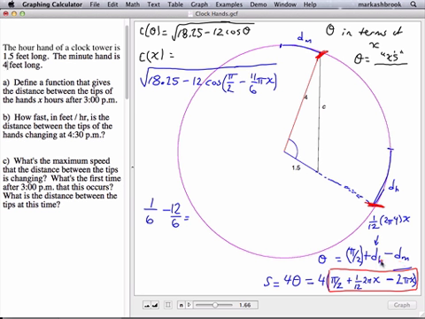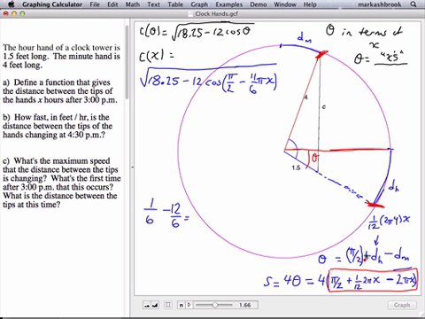And then, what is that angle right there? Well, it's how fast in radians per hour it's traveling times the number of hours. So radians per hour of the hour hand is 2 pi over 12 radians per hour.